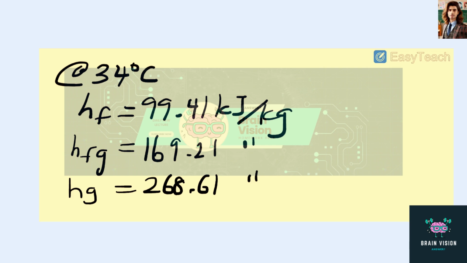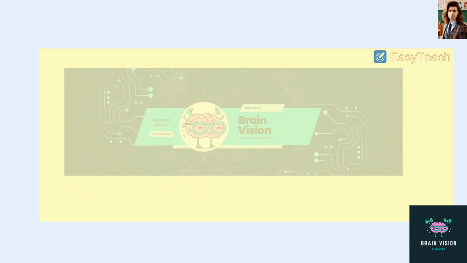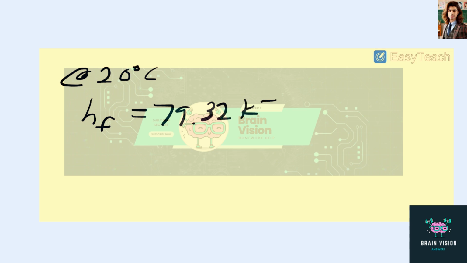We'll also do this for 20 degrees C. At 20 degrees C, all we're really looking for is our hf, which is equal to 79.32 kilojoules per kilogram. We're getting all these quantities from our thermodynamic tables.